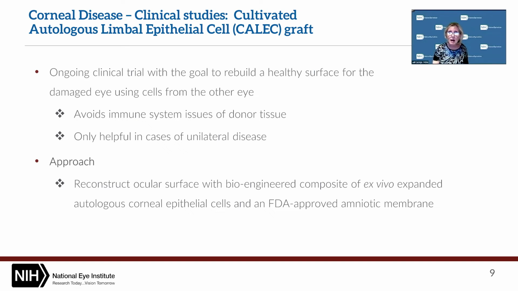It's only useful in unilateral diseases, though, like severe ocular burns, because they take healthy limbal epithelial cells from the fellow eye and grow them in FDA-approved amniotic membrane to put back in the damaged eye to recreate a healthy surface in that eye.